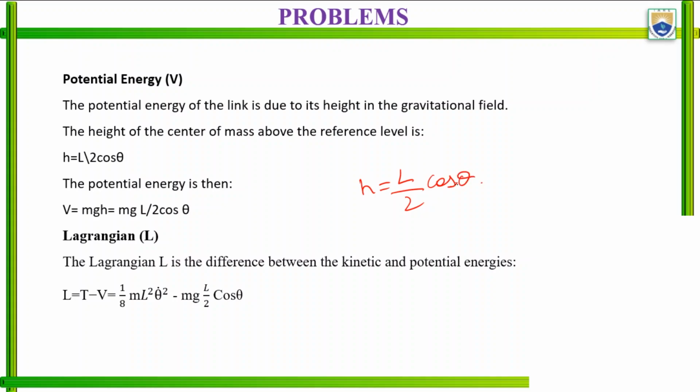For the potential energy we consider V, and we know the formula for potential energy is mass into gravity into height, that is mgh. Now we have all the values: m g into h, where h is L by 2 cos theta, which is the potential energy V.